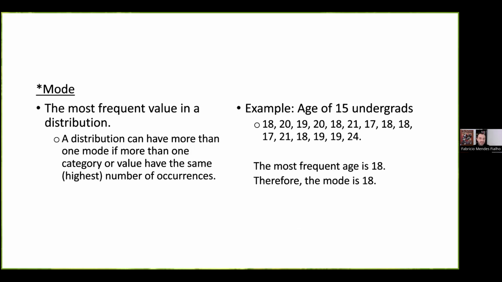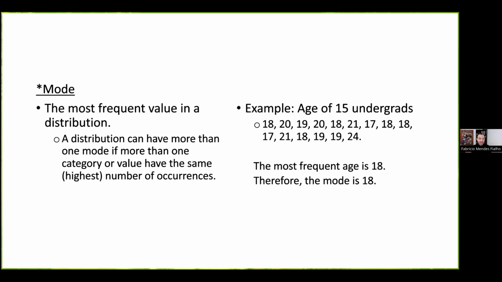Okay. The last one is the idea of mode. Mode is simply the most frequent value in a list of values, right? And it's important to keep in mind that a distribution of values can have more than one mode.